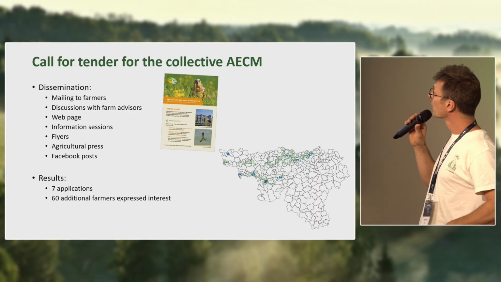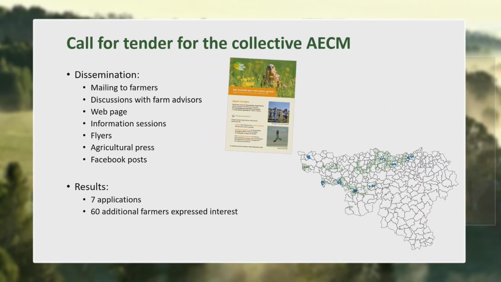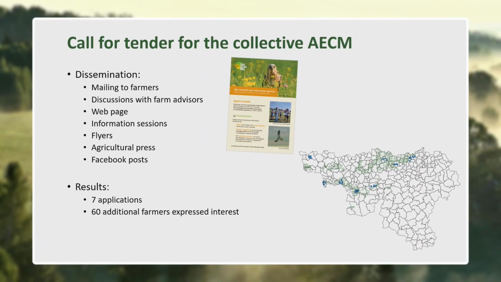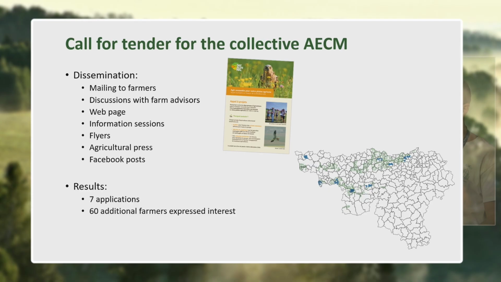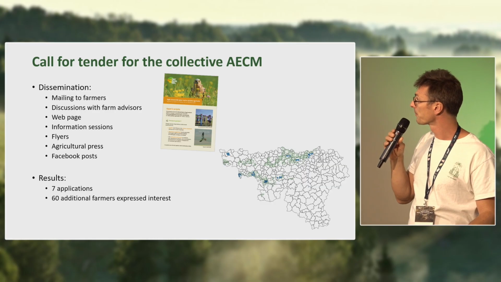So to reach the farmers, the farmers that could apply to the project are the farmers that are located in the green area. There is a total of 1,000 farmers that could apply. To reach them, first we sent emails to each of these farmers.